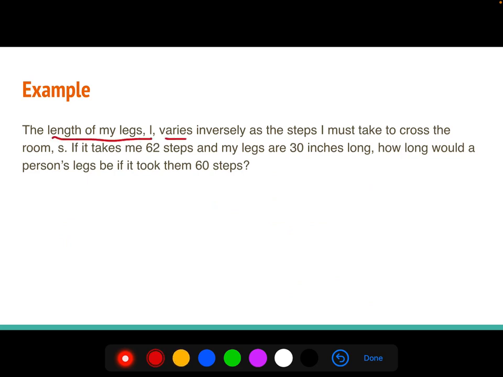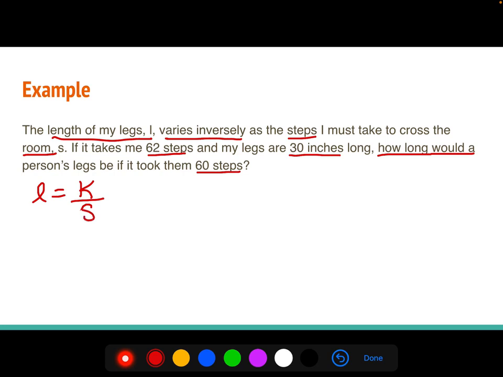All right, let's try another one. The length of my legs varies inversely as the steps I must take to cross the room. It takes me 62 steps when my legs are 30 inches long. How long would a person's legs have to be if they took 60 steps?